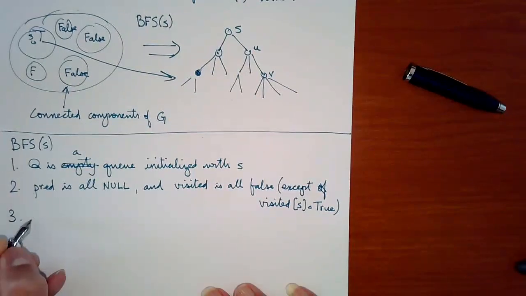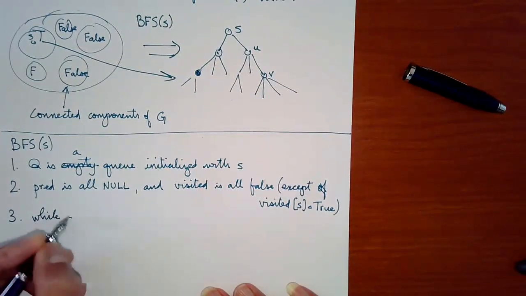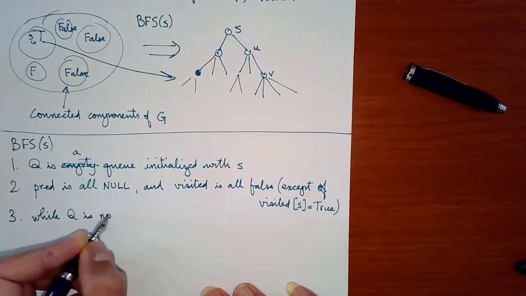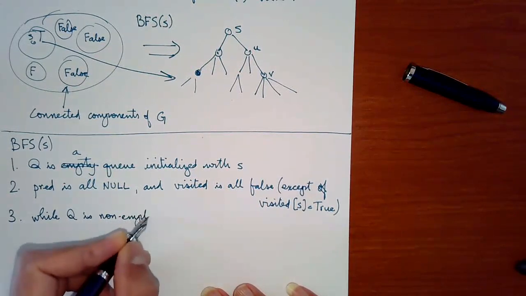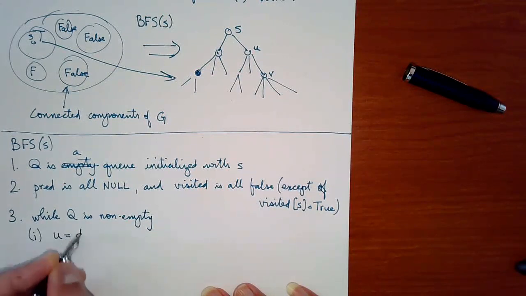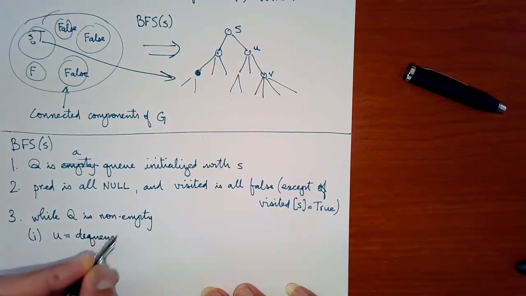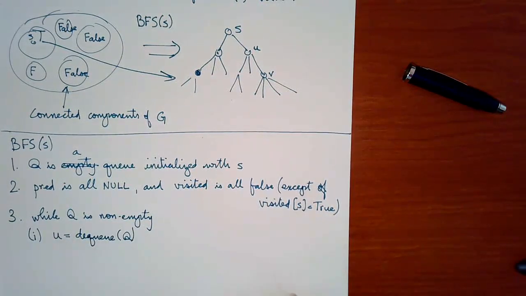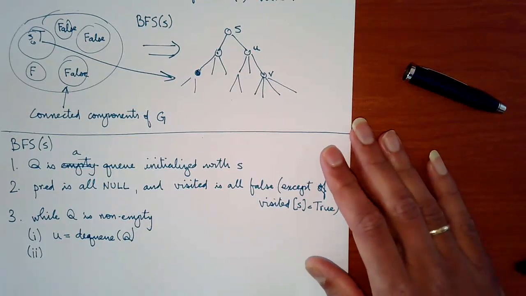And then here's the actual work. While the Q is non-empty, U is going to be the head of the Q: you dequeue it, and then you do a traversal.